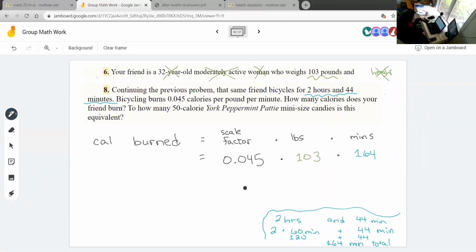Okay, we should actually finish. The calculator does the work. 0.045 times 103 times 164 gives me about 760 calories.